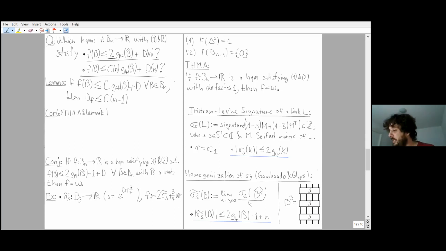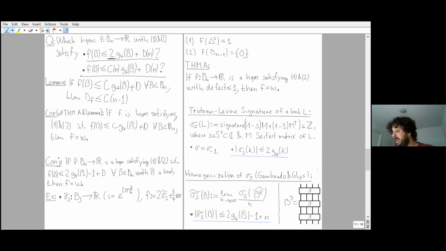So the corollary here is that if F is a homogeneous quasimorphism satisfying, well, the normalization 1 and 2, and furthermore, such that we have such a bound for all beta in Bn, then F is actually already the fractional Dehn twist coefficient.